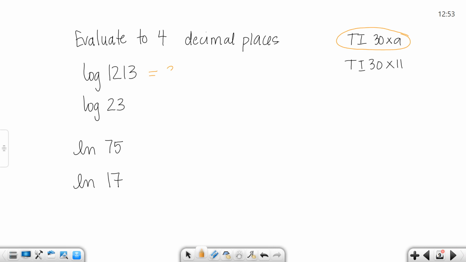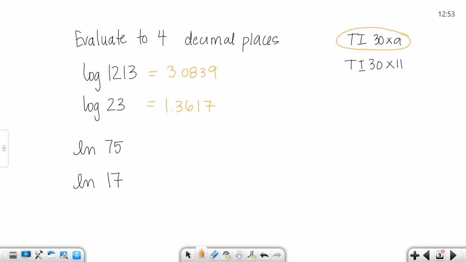What we get from that one is 3.083 and round that next one up to 9. That would be our answer. Staying with this calculator, I'm going to do the log of 23. So you hit 23 and then you hit your log key, which would give you 1.3617. That 7 does not round up since 2 is smaller than 5.